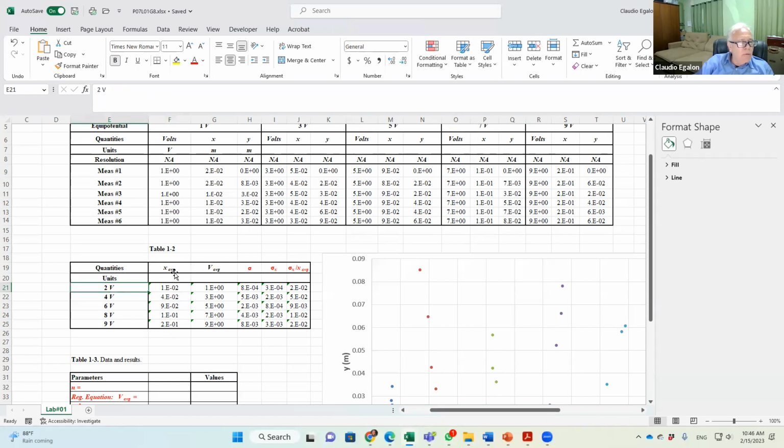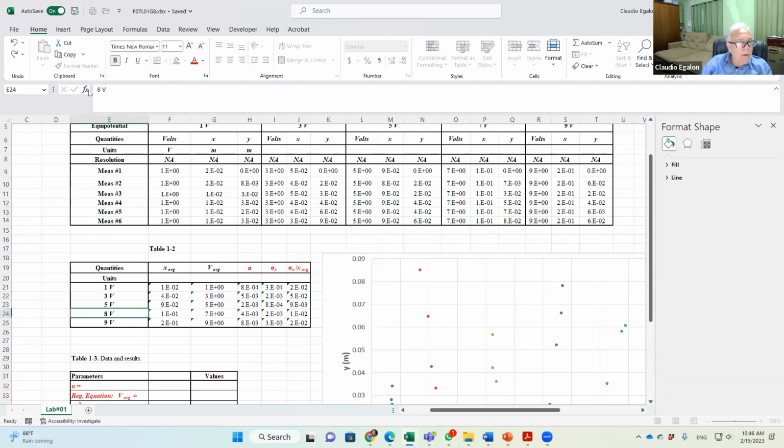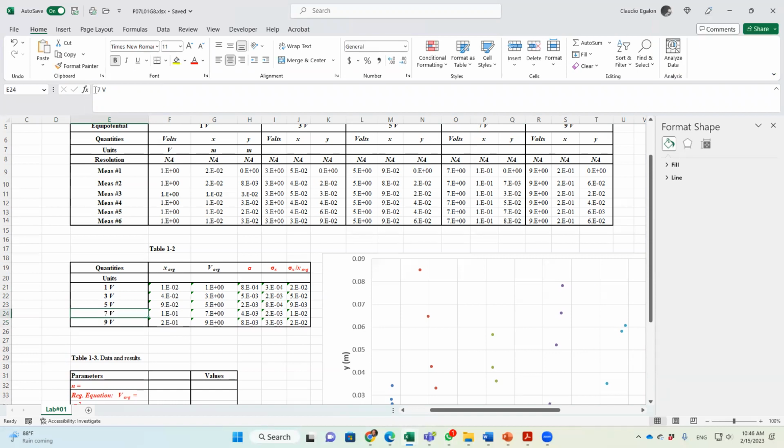In this case, it's not 2 volts. In my case, it's supposed to be 1, 3, 5, 7 and 9 volts. Make sure you double check what you have. Mine says 2, 4, 6, 8, 9.